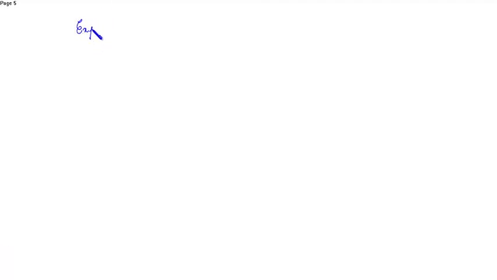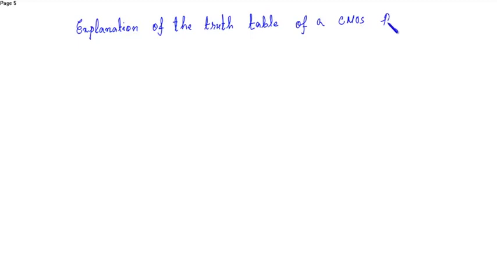We'll see the explanation of the truth table of a CMOS buffer.